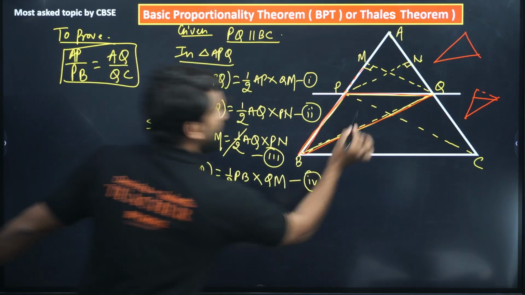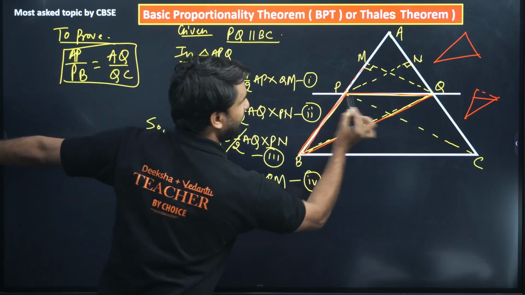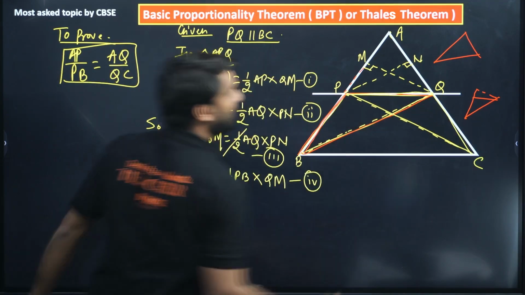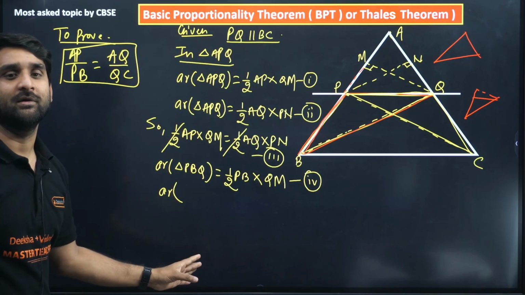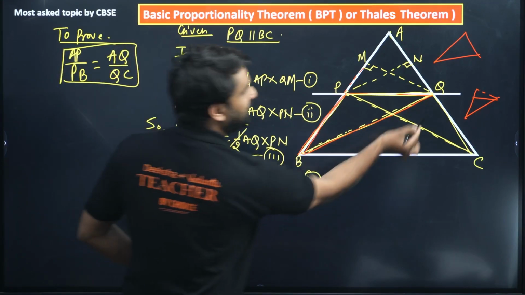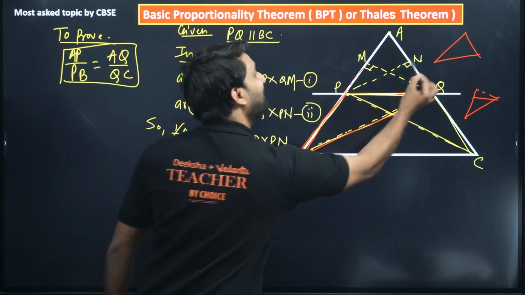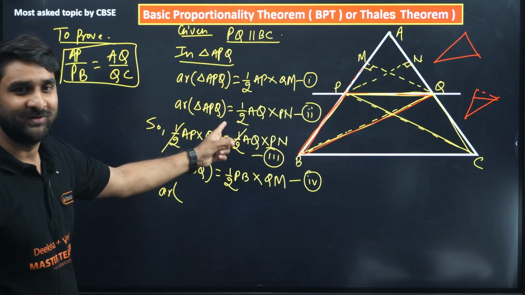Now write the area of triangle PQC. Same process will be applied here. So for PQC triangle, the base will be QC. And if you are taking base QC, so height will be PN. Wow, PN is already there in previous triangle APQ.